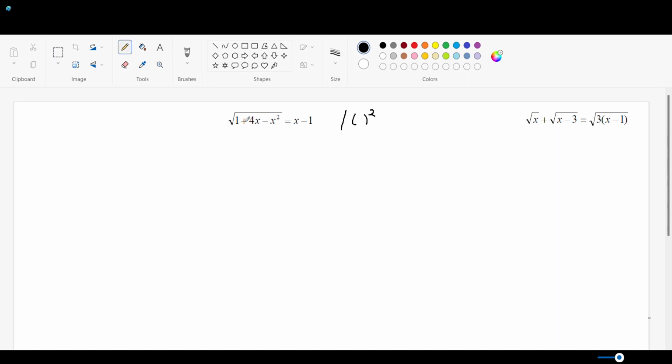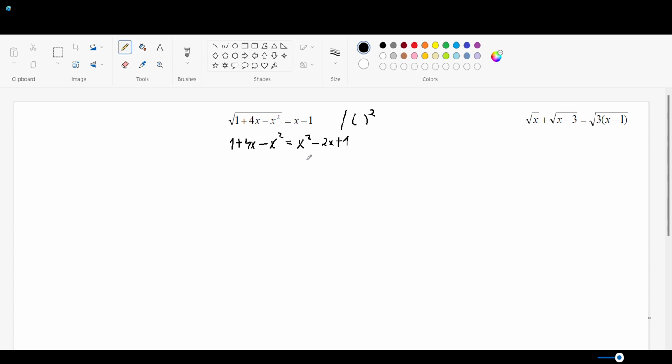As we already know, squaring the square root will lead to the expression which is under the square root. So the left side will become something like this, and what is the right side going to be? Yes, it's one of our favorite formulas, so it will be x squared take away 2x plus 1, because this is a well-known formula. So what are we supposed to do now?